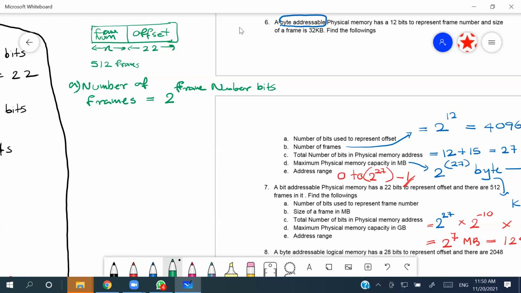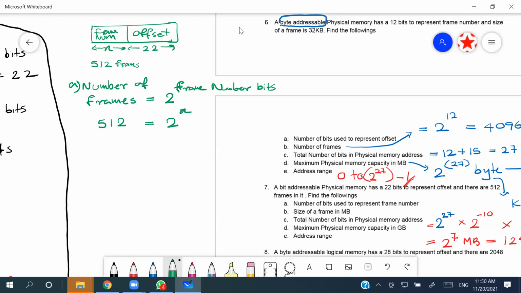The number of frames given to us is 512, which equals 2 to the power x. 512 is 2 to the power 9, which equals 2 to the power x.